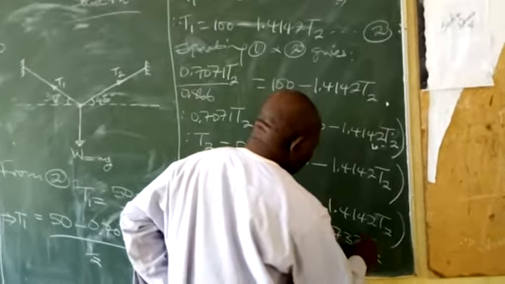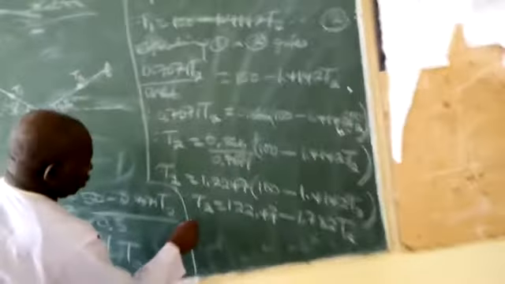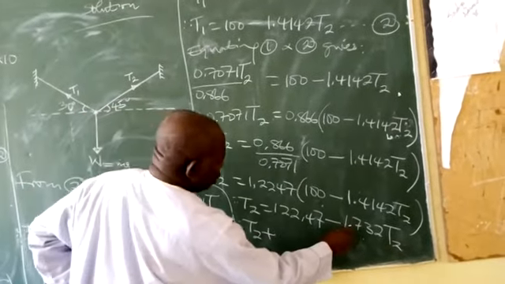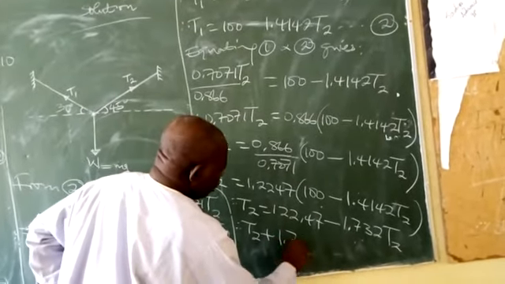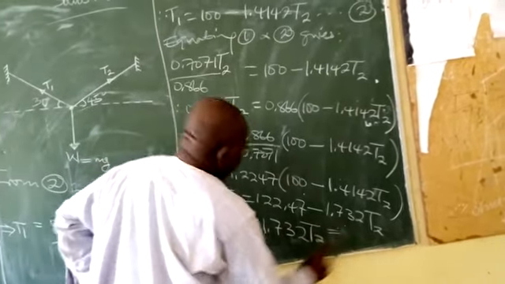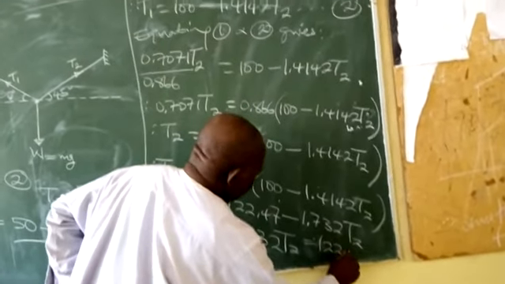Now I can collect terms. I bring this side, so I have T2 plus 1.732 T2 is equal to 122.47.